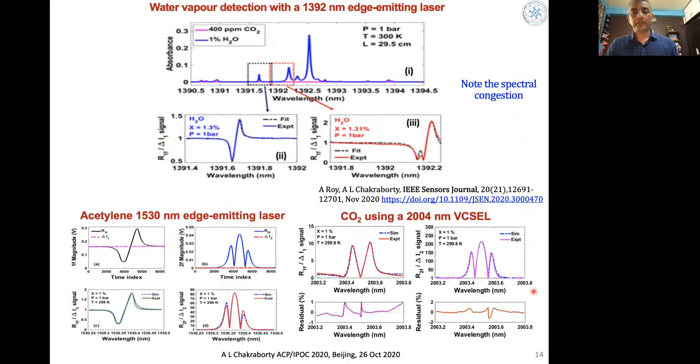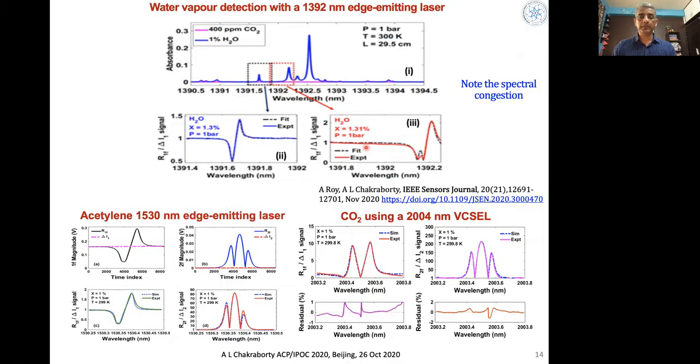What is also very pleasing for us to note is that this method works very nicely in congested spectra. So here is ambient water vapor, where normally we would target this absorption line as shown here, avoiding this one because there is a smaller line on the shoulder.